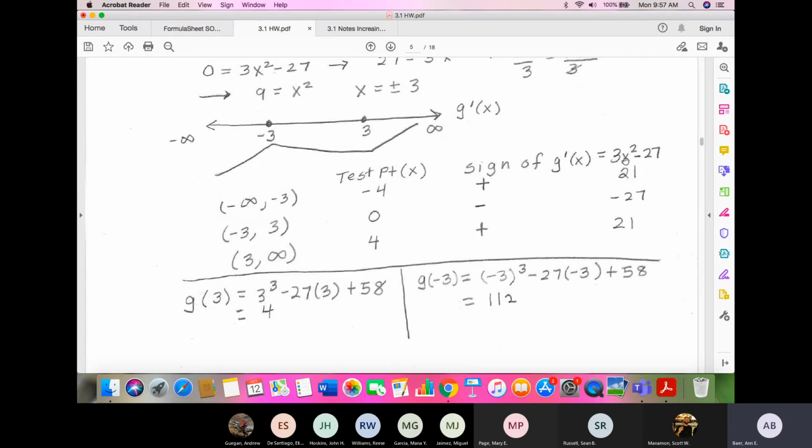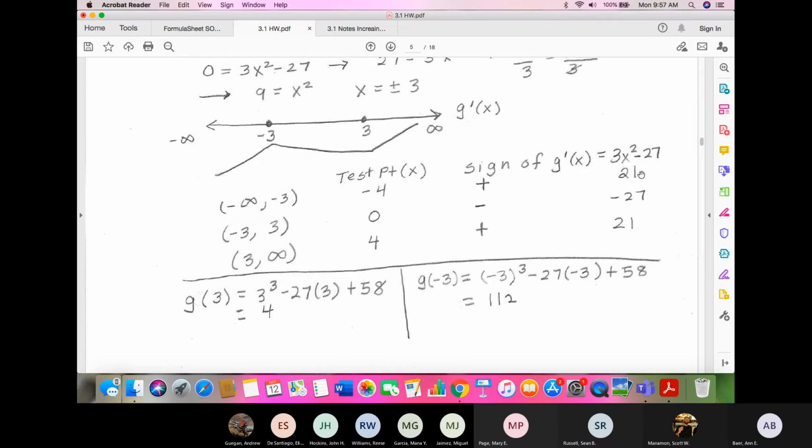And we can take our calculator, put -4 in, using the negative in the bottom row, and then square it. After that's squared, I can multiply that times 3 and then subtract 27. And I get 21.